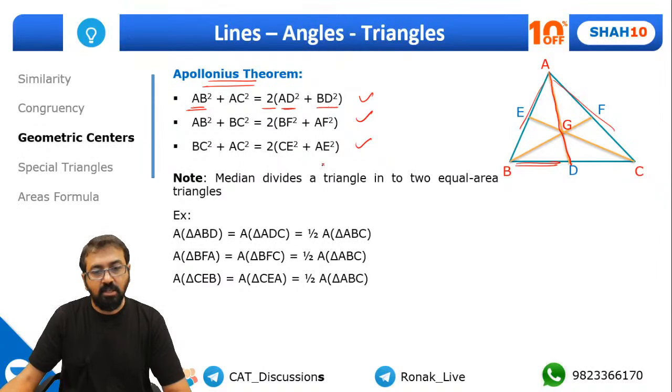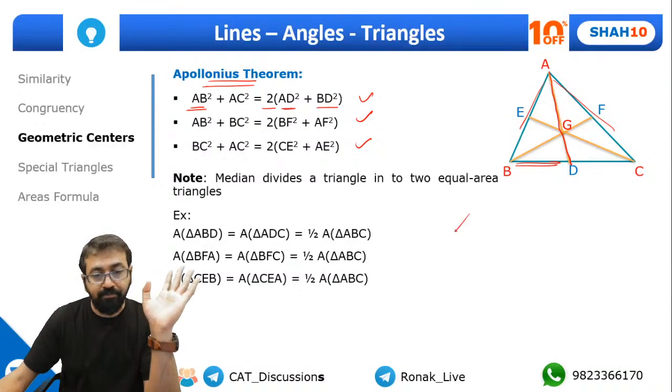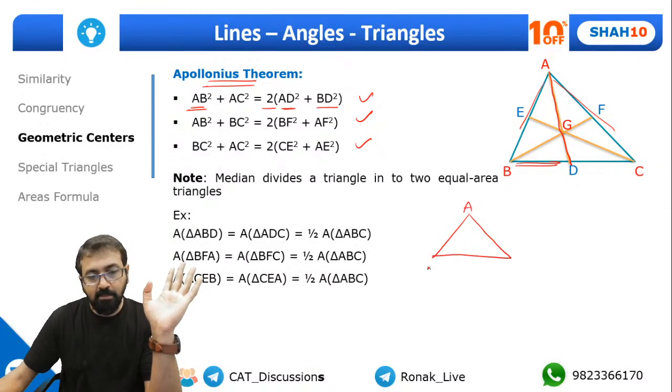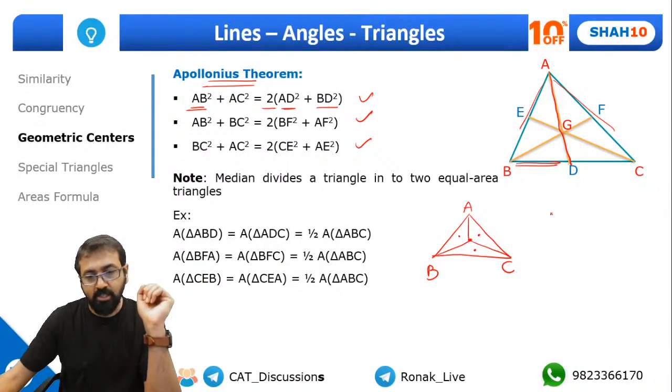Quickly take a glance. One more thing, guys, whenever you draw a median, let me just quickly tell you something about medians. Please remember these 3 important figures. If you want, you can note it down. Let me show you. You know, A, B, C. If I take the centroid and connect each vertex with the centroid, then this triangle will get divided into 3 equal areas. First point.